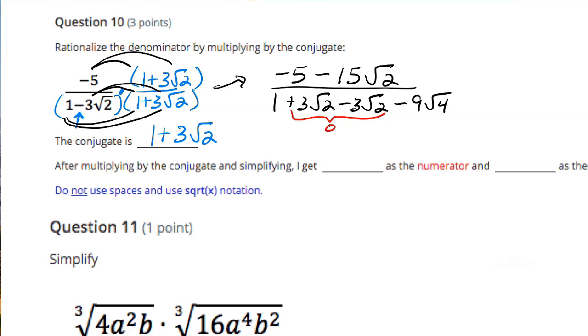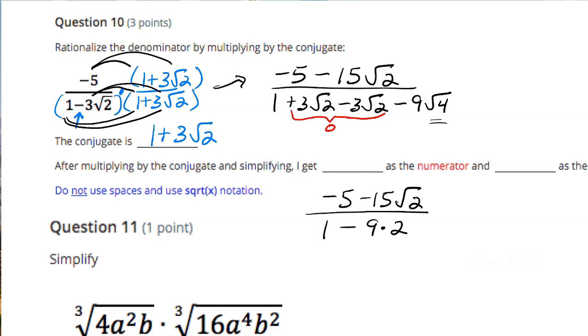So to simplify this a little bit, I'll write this down here. 1 minus 4 times 2. Sorry, 1 minus 9 times 2. Square root of 4 is 2. And negative 5 minus 15 root 2.